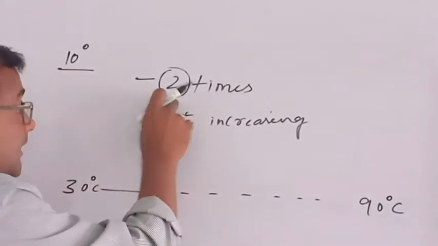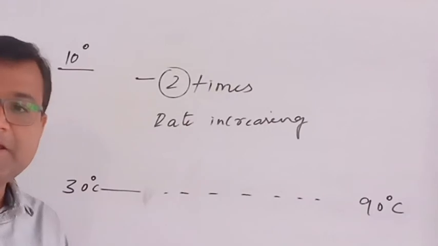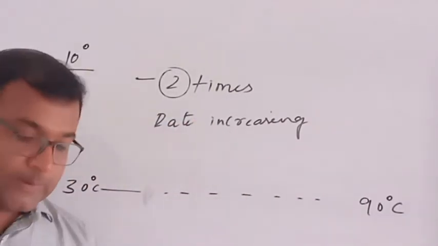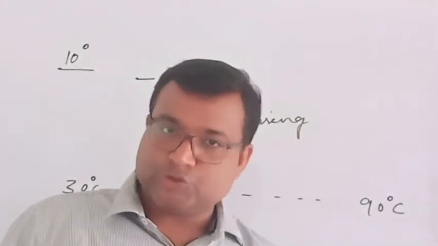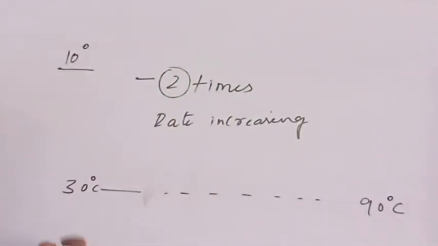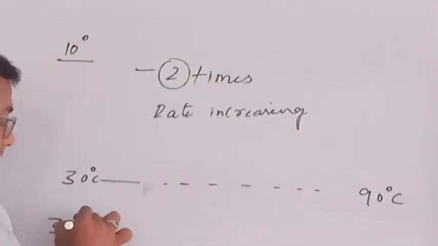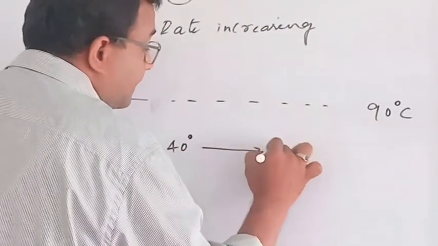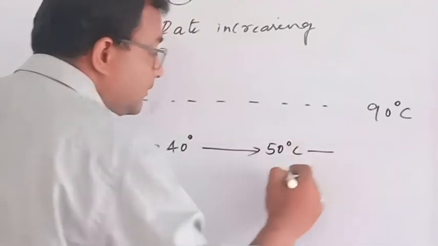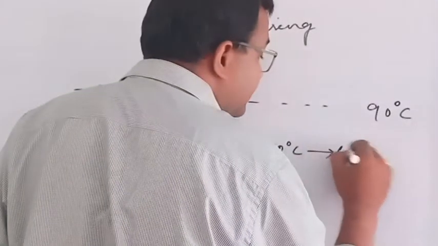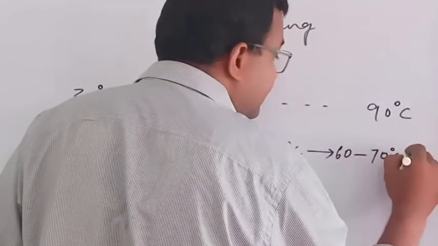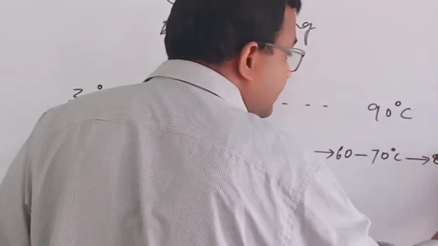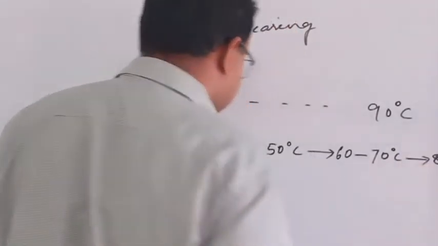That means every 10 degree rise in the temperature, the rate becomes 2 times. Let's find out how many times. Let's see, 30 degrees to 40 to 50 to 60 to 70 to 80 to 90 degrees Celsius.